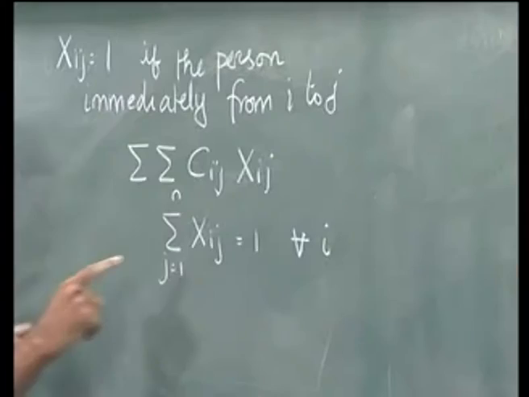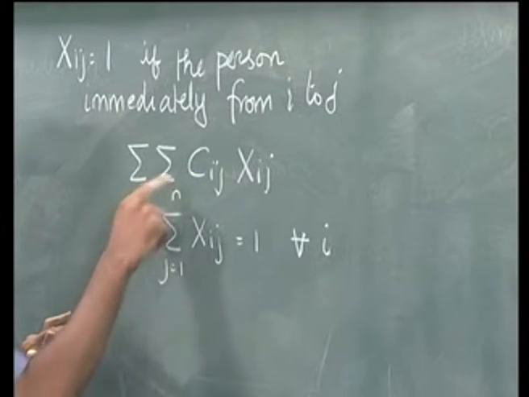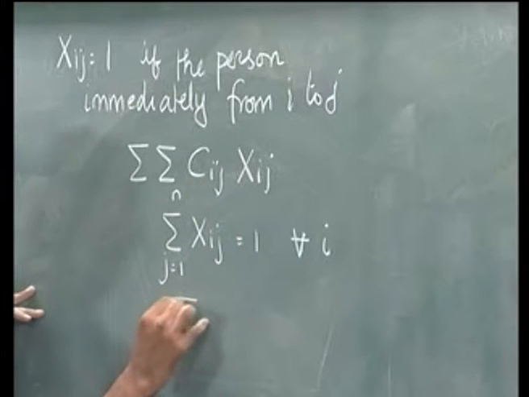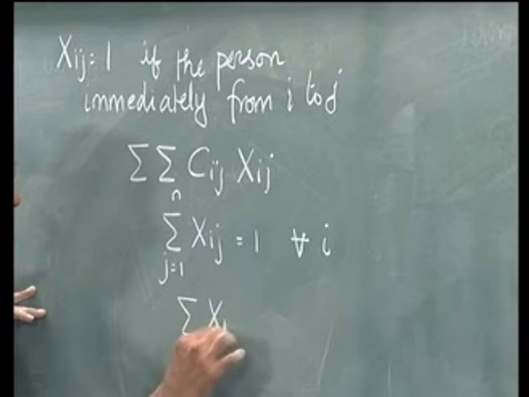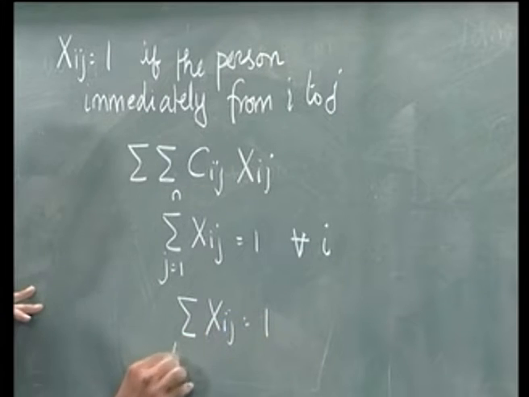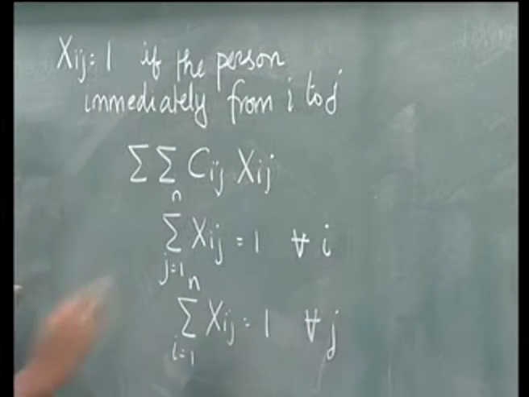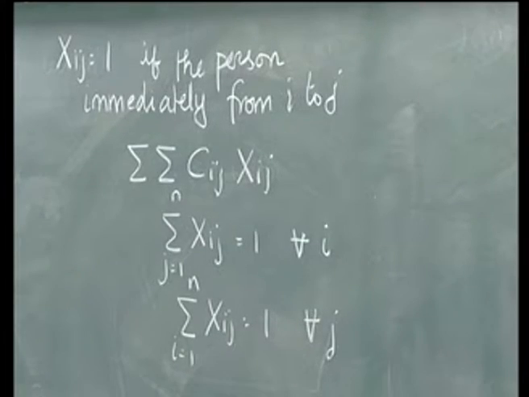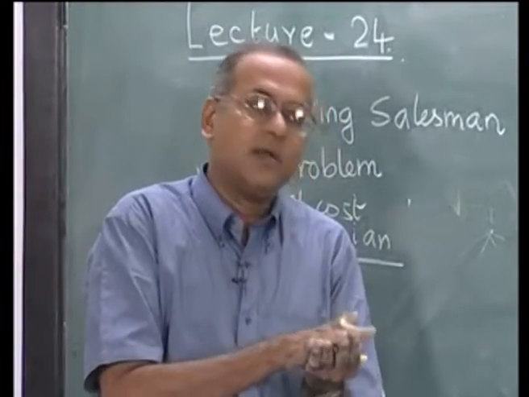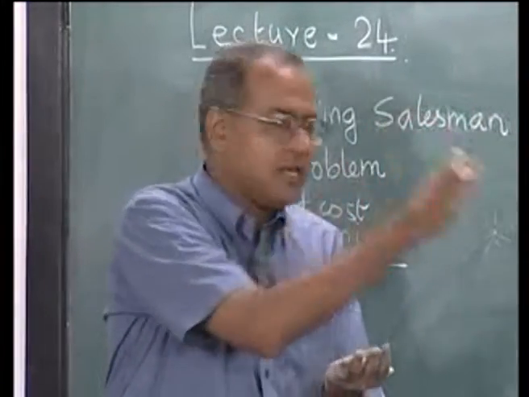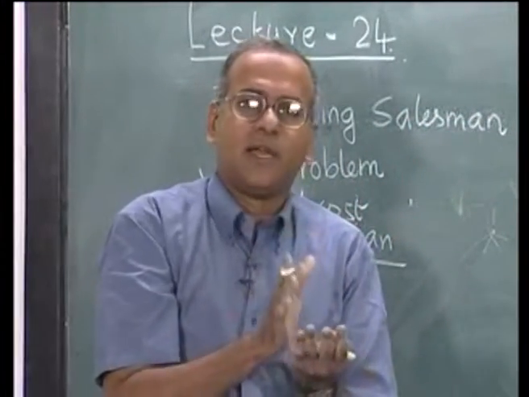So, that is taken care of by summation j equal to 1 to n from i, it is equal to 1 for every i. Now, the other one is sigma Xij equal to 1, i equal to 1 to n for every j. So, which means if I am in a particular city at the moment, I should have come from only one of the cities into the present city that I am right now in.